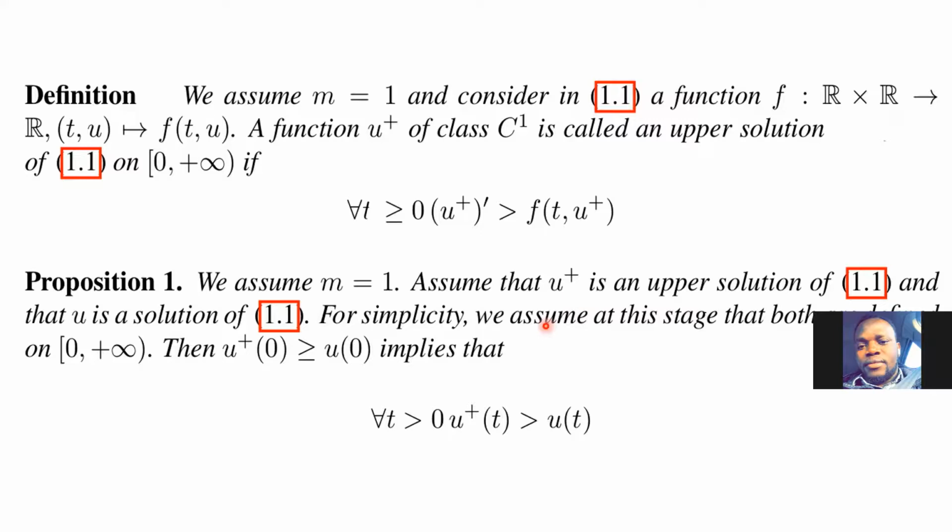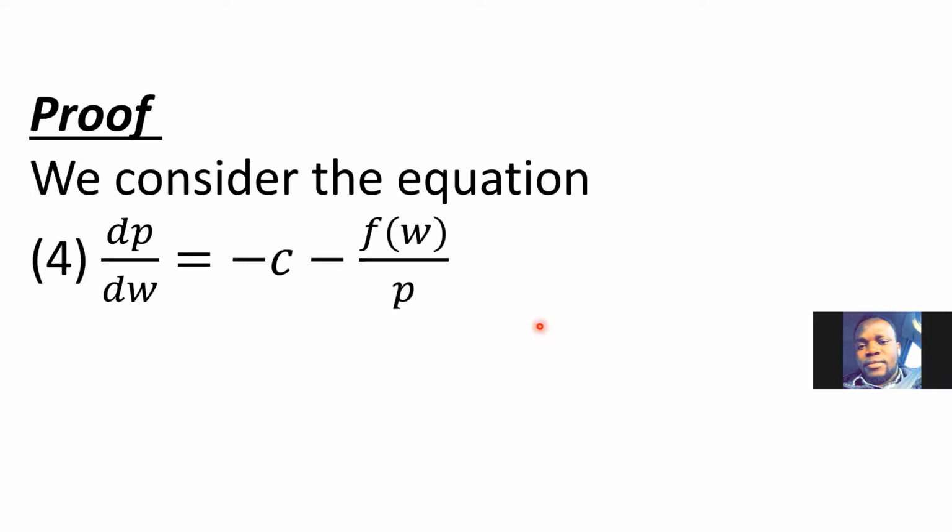Okay, then we are considering this equation. Where does it come from? So I ask you to write it. Please write it. I'm stopping here. Write dP divided by dt.